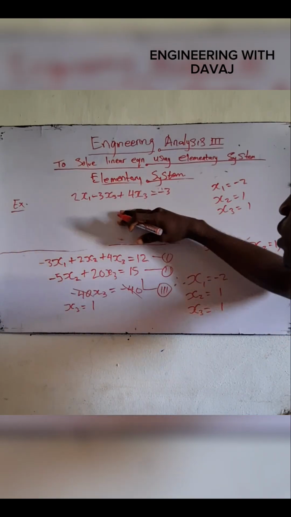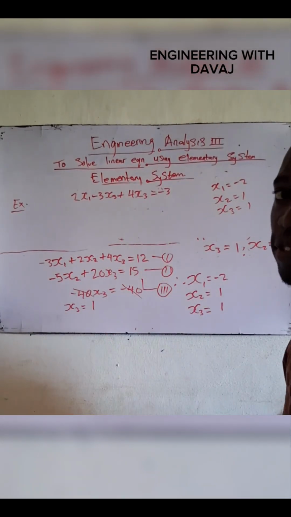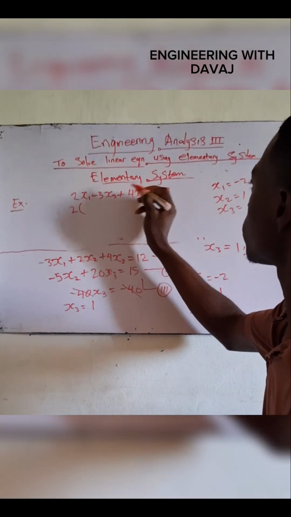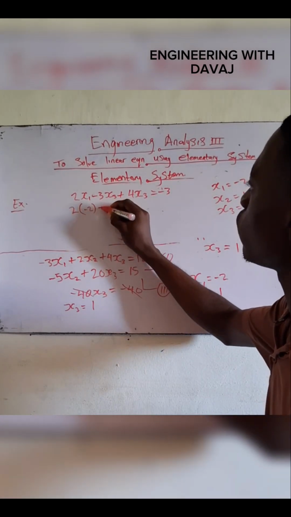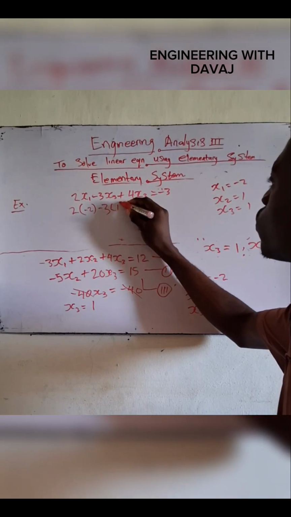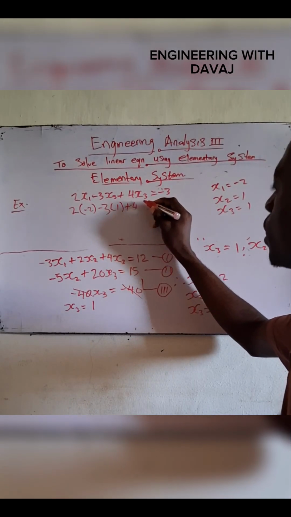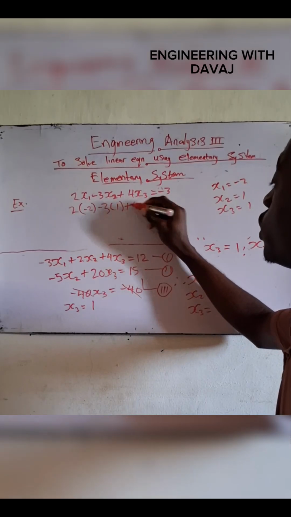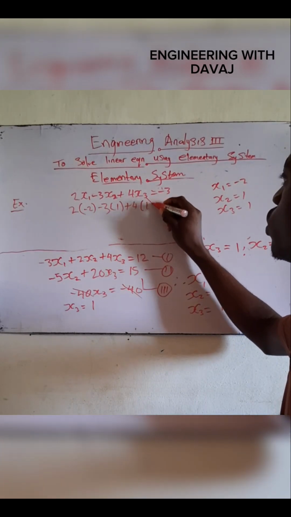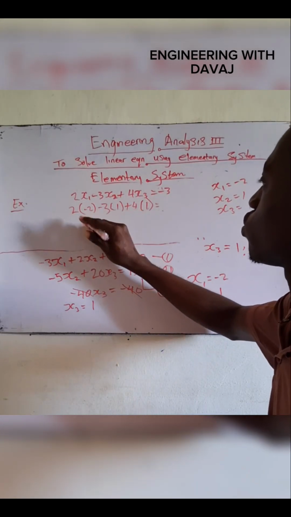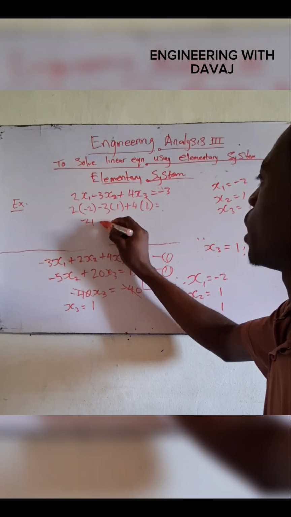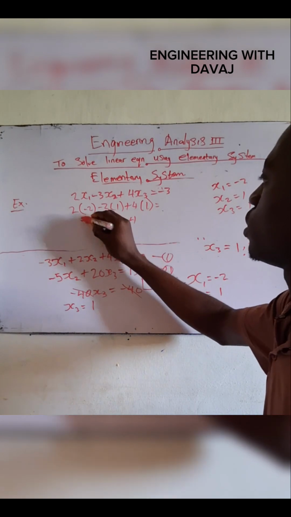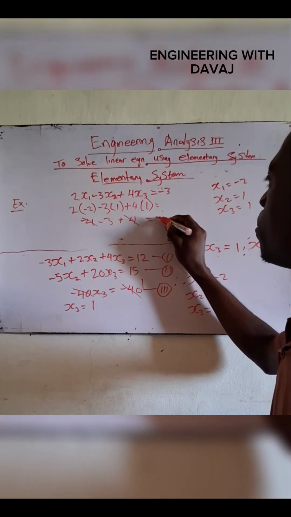So 2 into bracket x1, that is minus 2, minus 3 into bracket x2, that's 1, plus 4 into bracket x3, which is 1. 2 times minus 2 is minus 4, minus 3 plus 4, and this cancels and it remains minus 3.